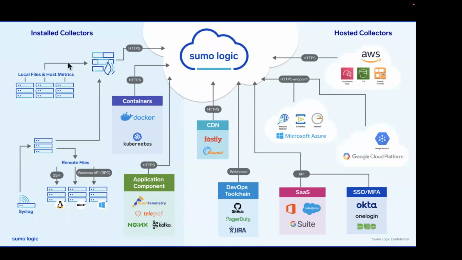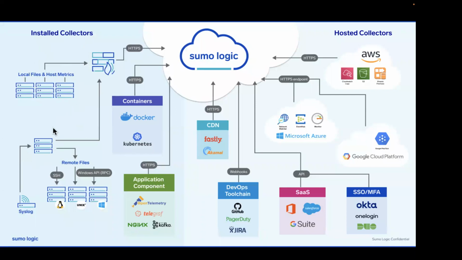So let's take a look at install collectors. What you're seeing here is more of a distributed approach where we have an on-prem environment and we're installing the install collector on multiple machines. Again, it's going to encrypt, compress, and send it through the firewall up to the Sumo Logic environment. So this is a distributed approach for install collectors in an on-prem environment.